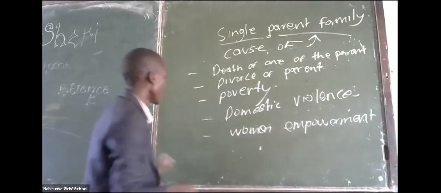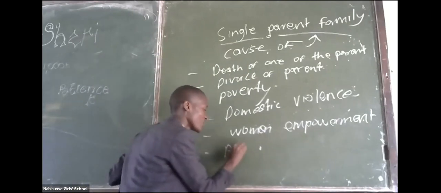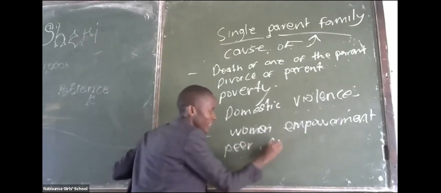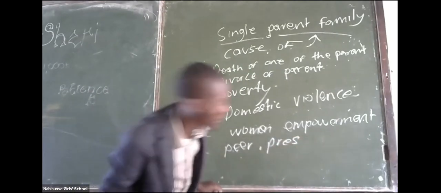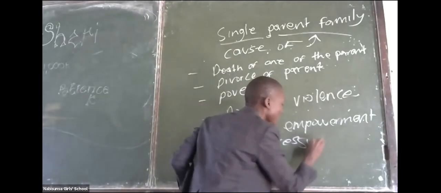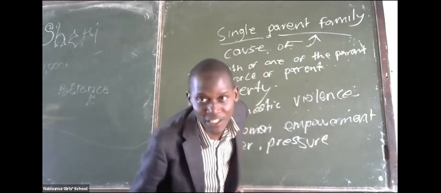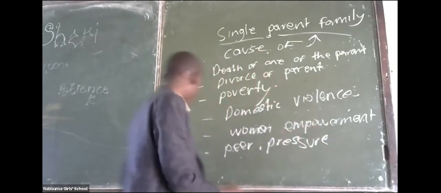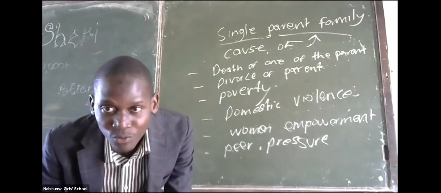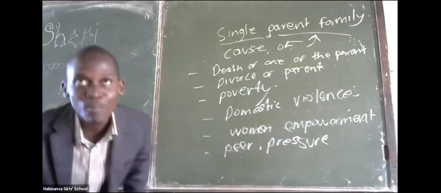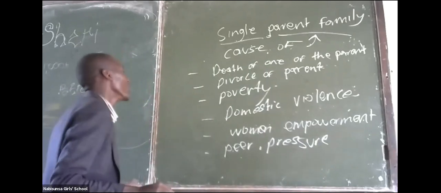Here we have peer pressure. That one is so common, because you live with your friends, they have not got married, they tell you to leave your husband, then you end up becoming a single mom. Thank you for that point. Then let me see another one. They have talked about greed.